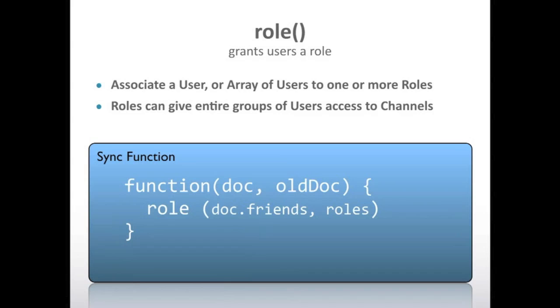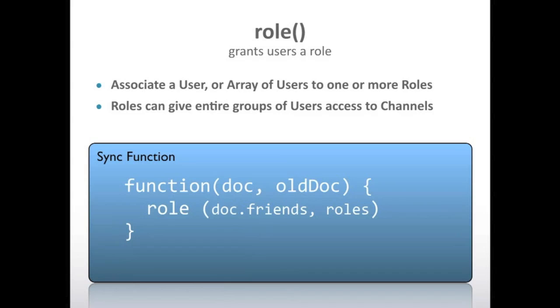So it will pick up any previously created associations, but you do need to use the REST interface to define roles. Within the sync function, this role command will associate user or users, again strings or an array of strings, with one or more roles, again a string or array of strings.